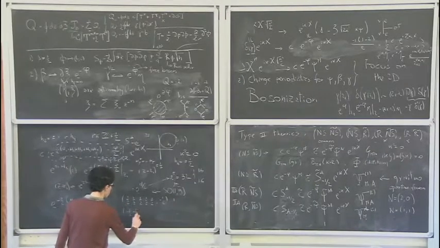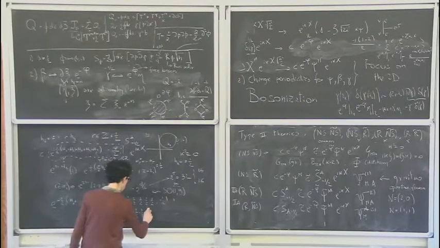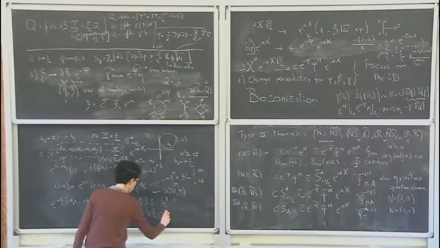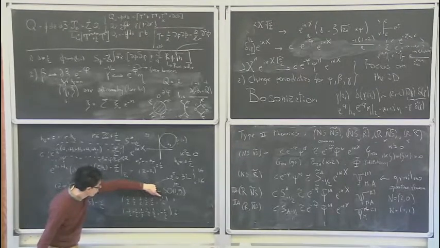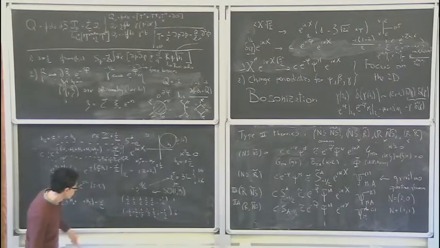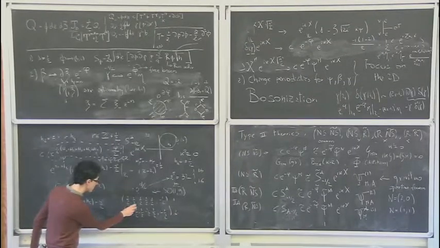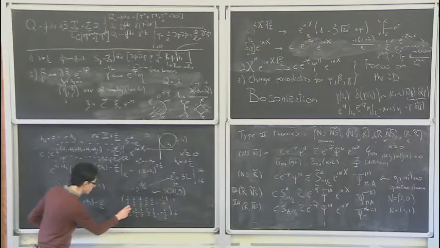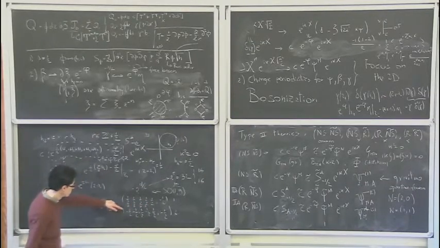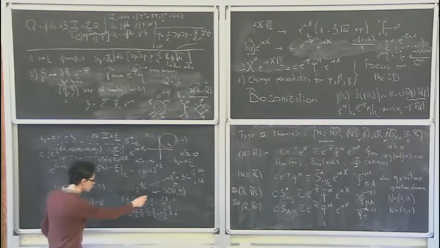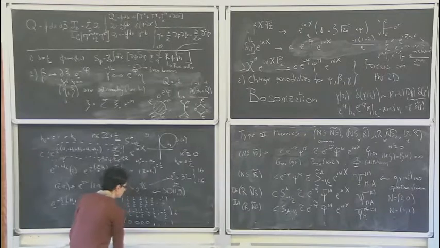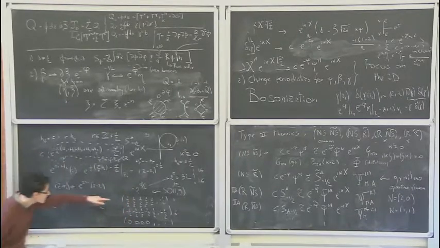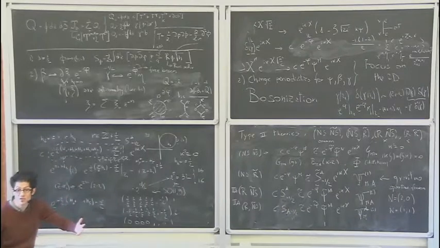Then you can have -1/2, -1/2, -1/2, -1/2. So this is a Ramond state, all plus 1 minus. This is another Ramond state where I flipped this sign, this sign, this sign, this sign. I flipped 4 signs, so this is still in the same GSO projection. And you see that the third state has to be 0, 0, 0, 0, 1, -1. So I'm just saying that the sum of 2 half-integer numbers is integer.